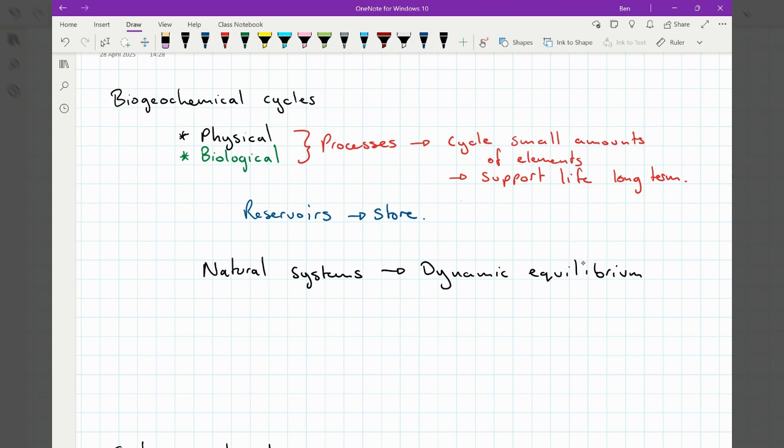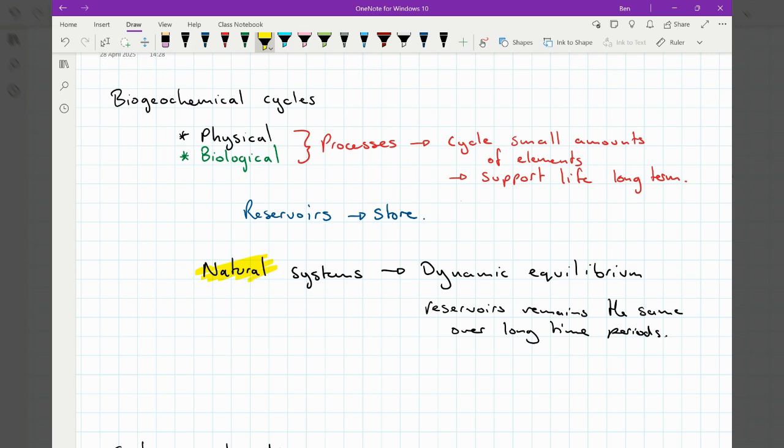And this means that the amount in each reservoir remains the same over long time periods. And this is in natural systems.